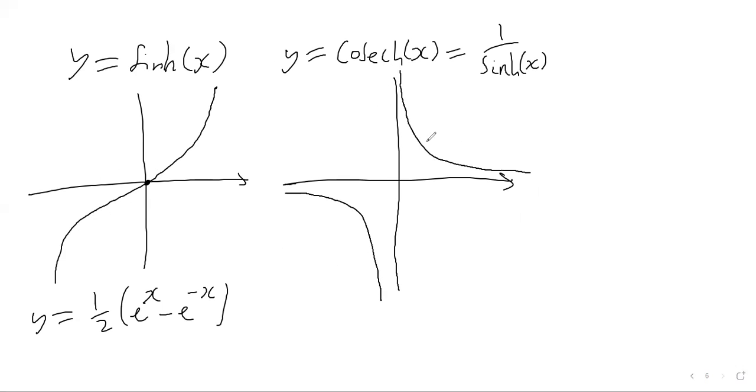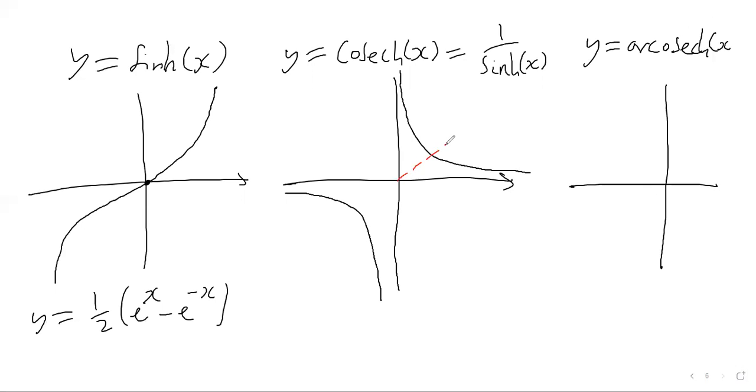So something like this will be the cosech graph. The arcosech graph, which is the inverse of the cosech graph, is going to look very similar. If we put in the line y equals x in between there and reflect this graph, we get something eerily similar, something like this again.